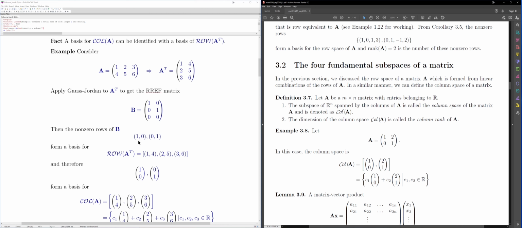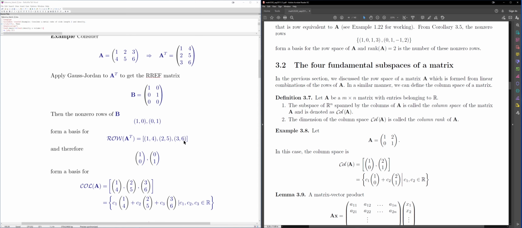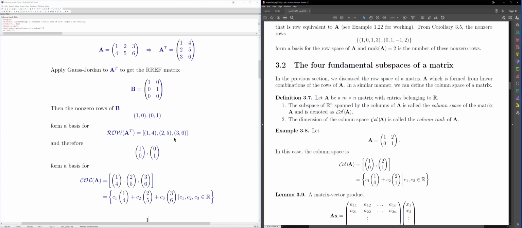So this 1, 0 and 0, 1 would be a basis for this row space. But this row space is identified with this column space, and this is the column space that I'm interested in.